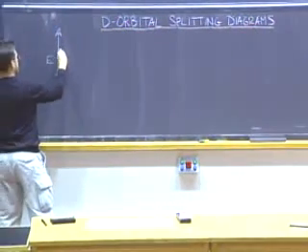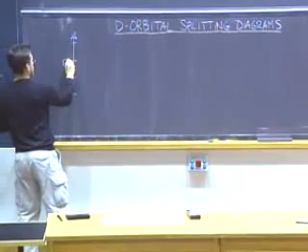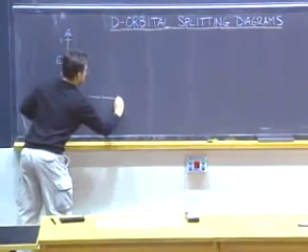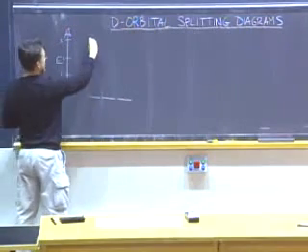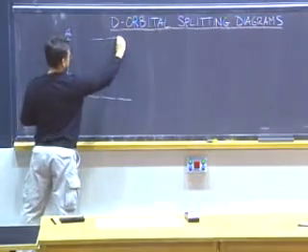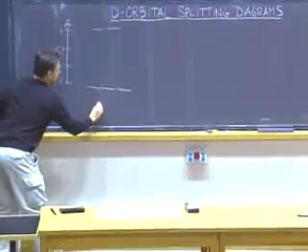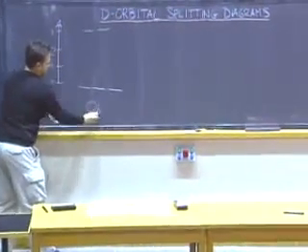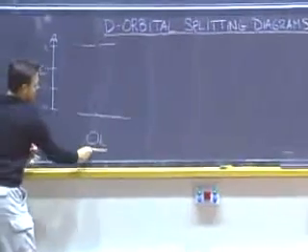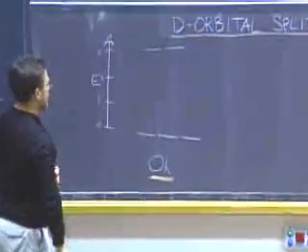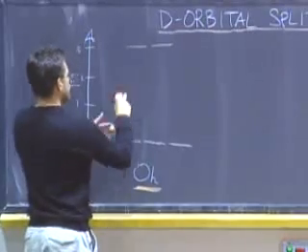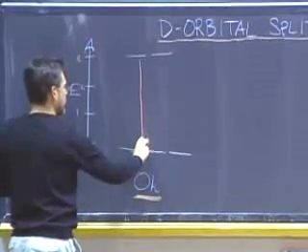And I have my energy units here, 0, 1, 2, 3. And this energy level diagram looks like this for the octahedral. And we symbolize the octahedral geometry with this OH for octahedral. And we have here an energy splitting.